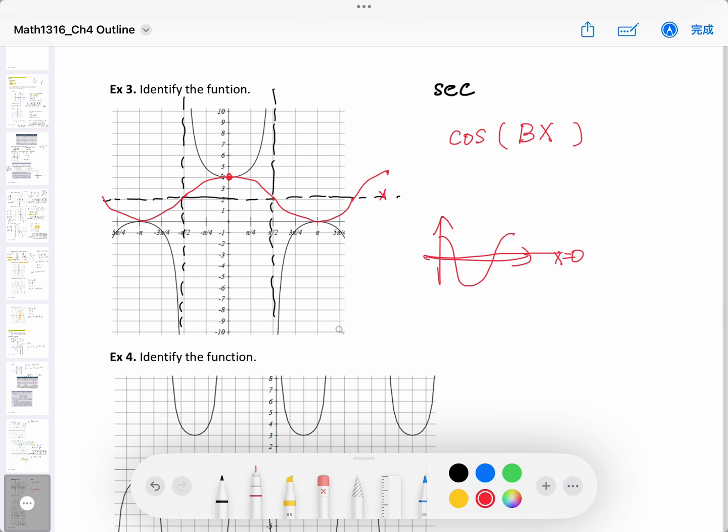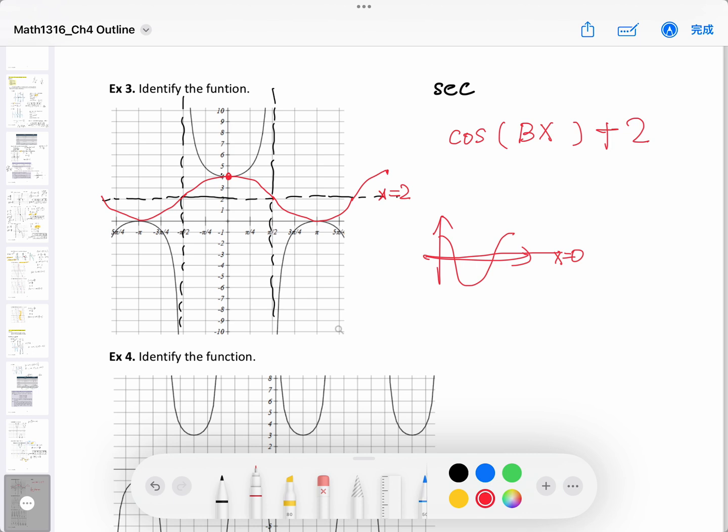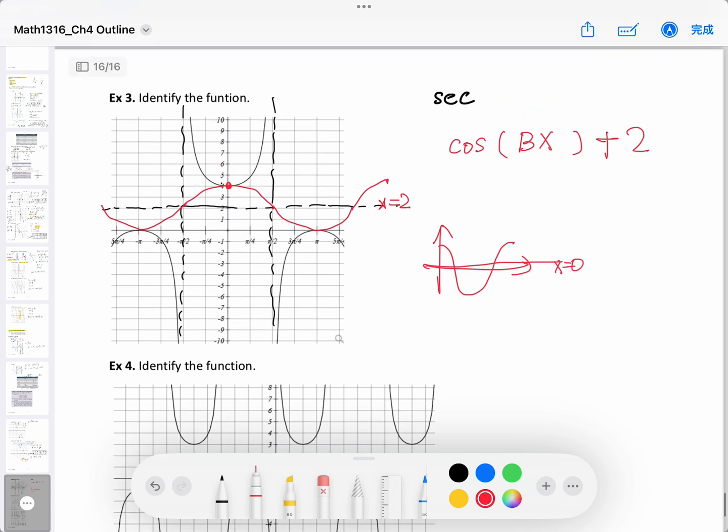Now the center line, y is equal to 2, moved up 2 units. So I'm going to plus 2. And how about the stretching? So stretching for the cosine function, and we know this is 1.